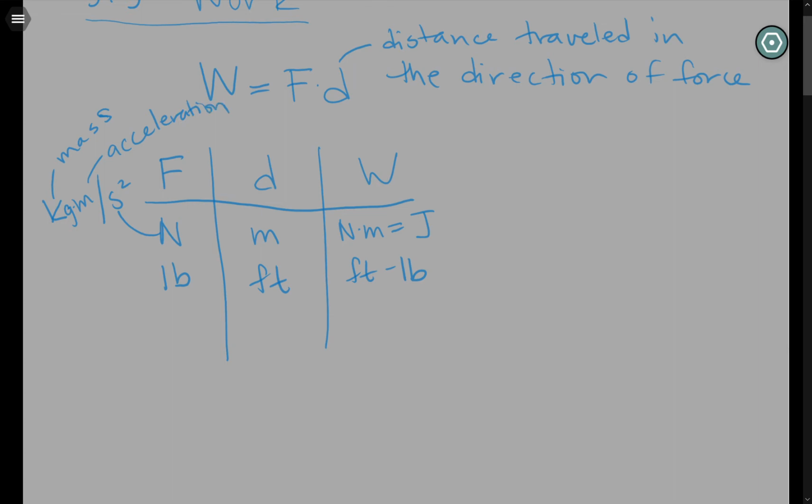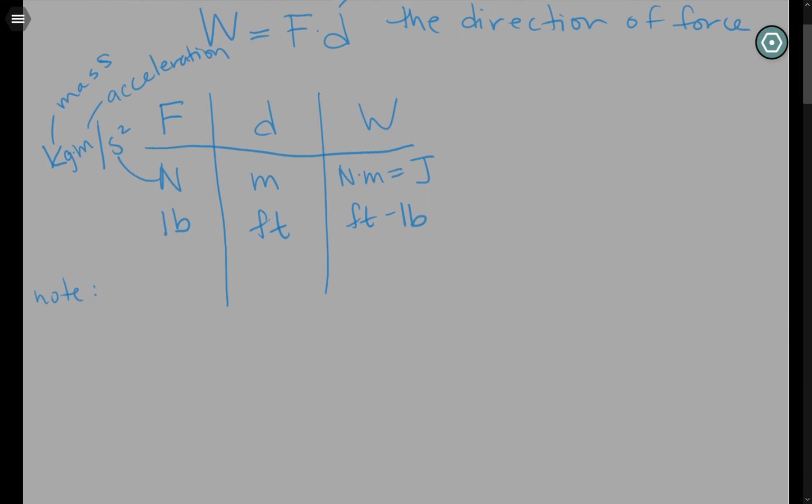So here, a little side note. This won't matter if you've got pounds, but it matters a little bit. Force is equal to mass times acceleration. Okay, so again, if you're given an object's mass instead of its weight, if you're given kilograms instead of newtons, you're going to have to get acceleration in the mix.